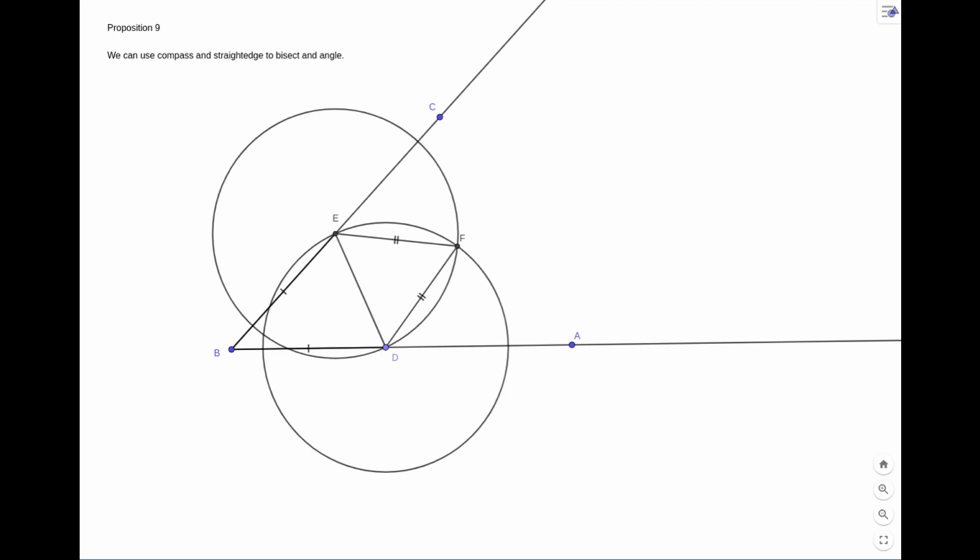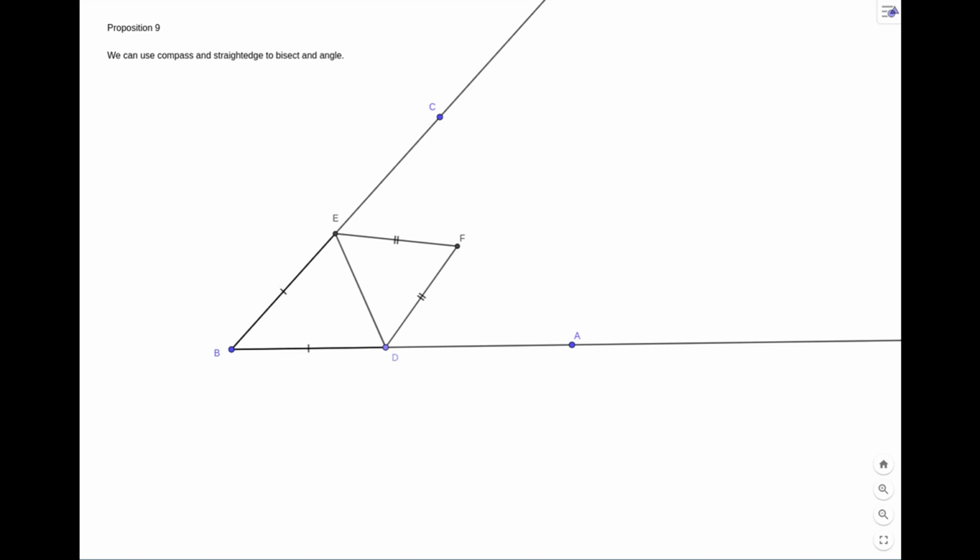And so with our new point F, we don't need our first circle and we don't need our second circle any longer. And at this point, something else that we don't really need is our line segment ED. But what we do have is from this new point, we can draw our ray BF.